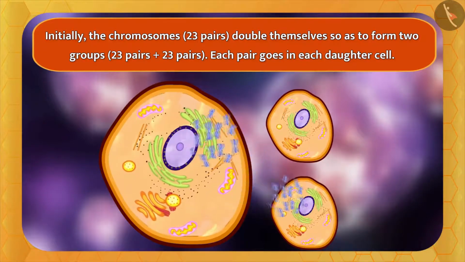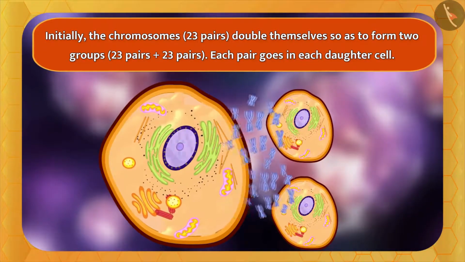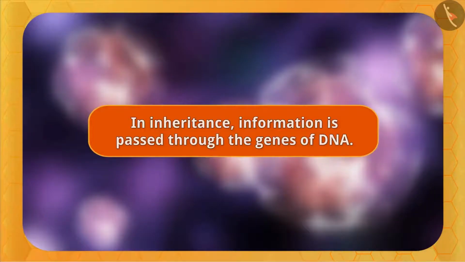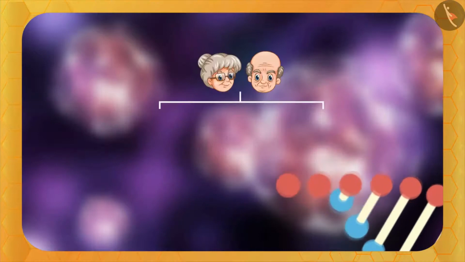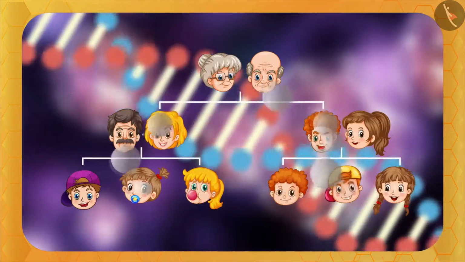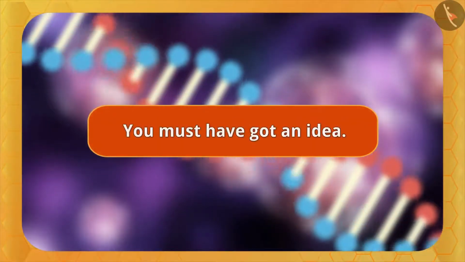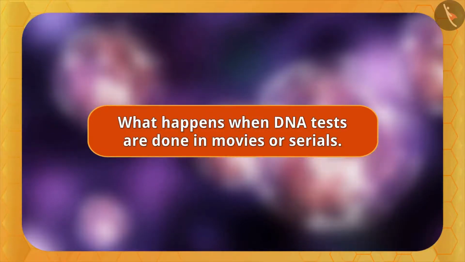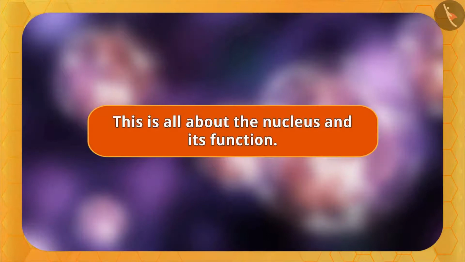So friends, in this way, through genes of DNA, instructions go into the new cell. So it can be said that in inheritance, information is passed through the genes of DNA. Similarly, in children, information or instructions come through the genes of DNA of parents. Well, I guess you must have got an idea what happens when DNA tests are done in movies or serials. This is all about the nucleus and its functions.